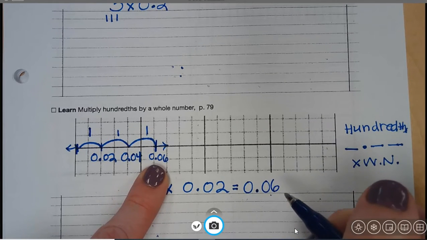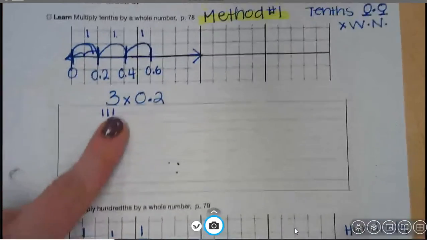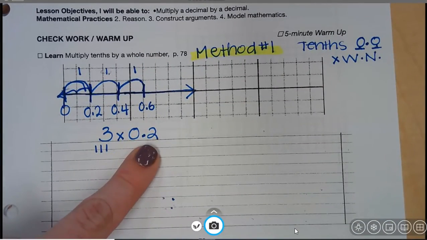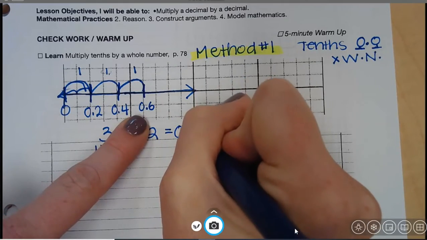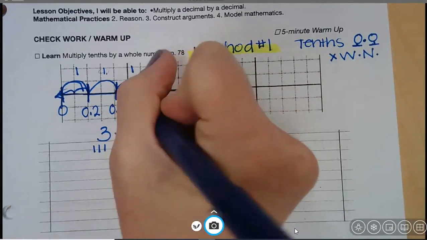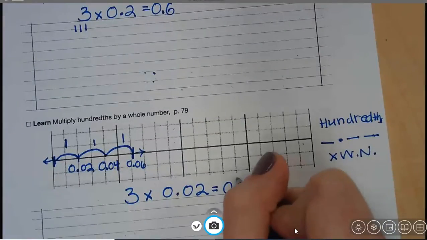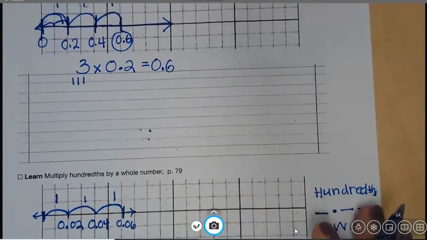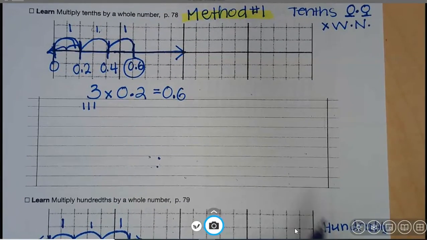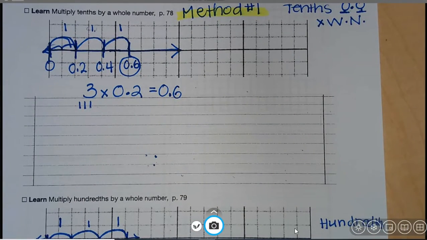I landed on it right there after 3 jumps. Whereas 3 times 2 tenths is 6 tenths. I can find that again by my number line right here. So that's method 1, using both tenths and hundredths.